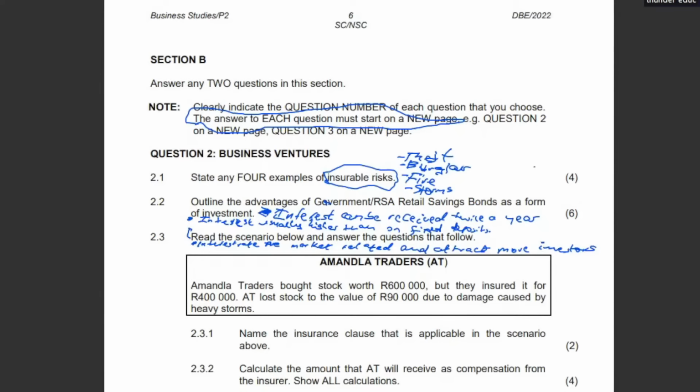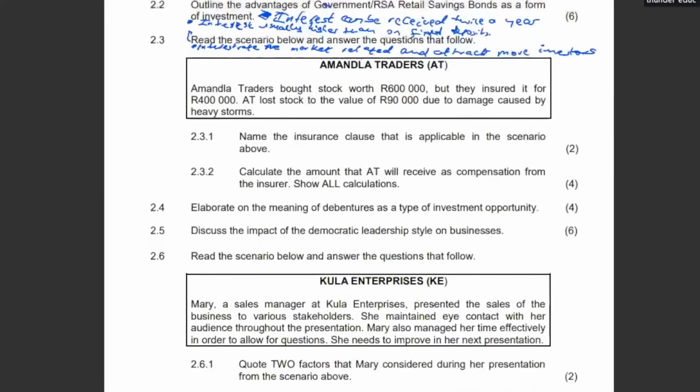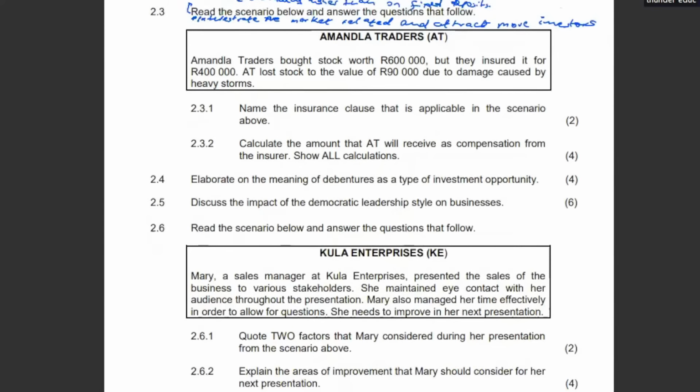Okay, right, Grade 12. And we are done with our question 2.2. So in that regard, on this question 2.2, you are now in a position to score yourself. How many marks? Six marks. So now let's move on to the second one.